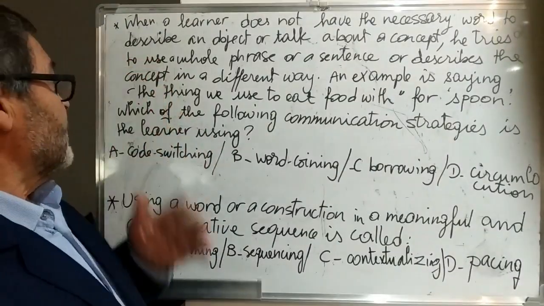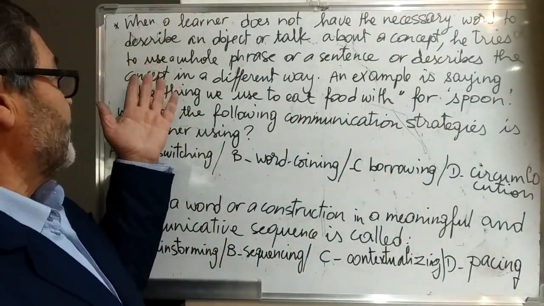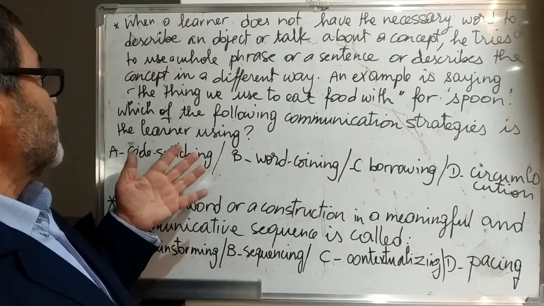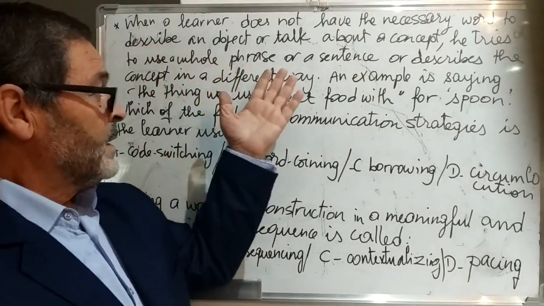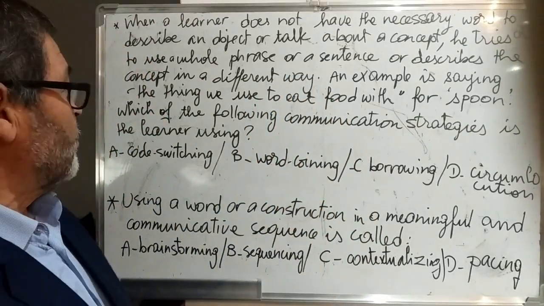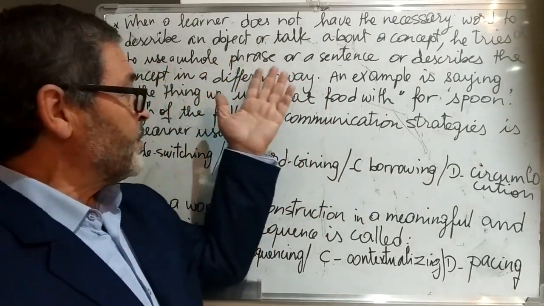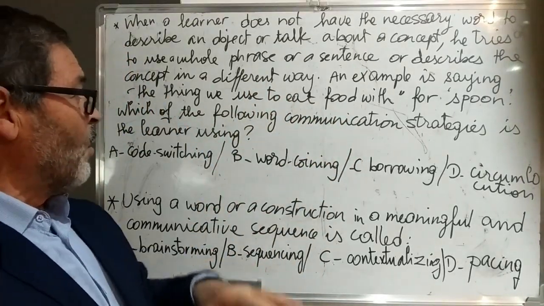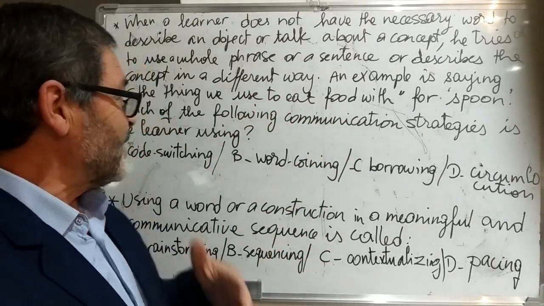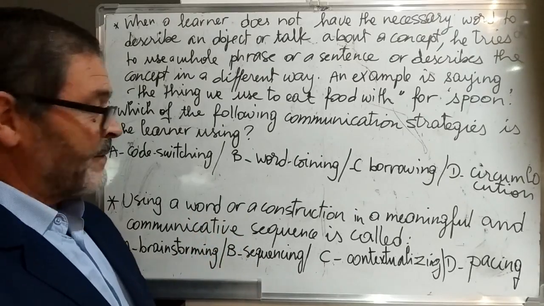First, before we finish, the questions we have already given. When a learner does not have the necessary word to describe an object or talk about a concept, they try to use a whole phrase or sentence to describe the concept in a different way.